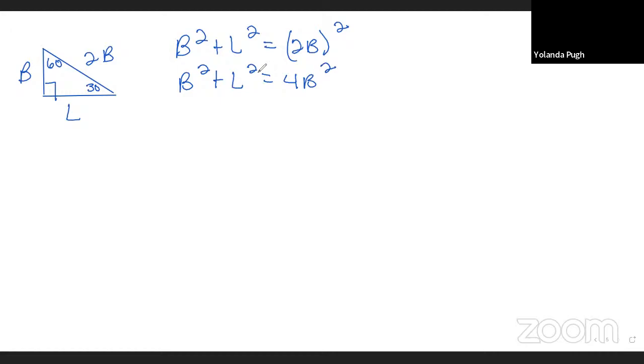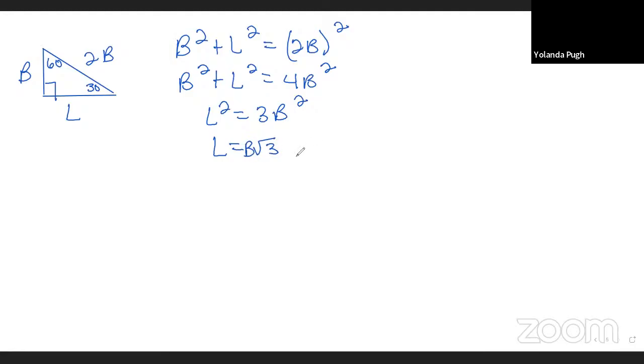If we're solving for L squared, then we get L squared is equal to 4B squared minus B squared, which is 3B squared. And that means that L is equal to the square root of 3 times B. We'll just put the B in the front here.